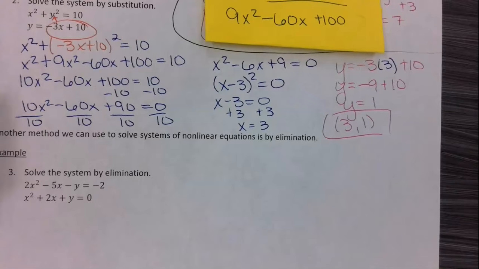Okay, it's not the last method, but the last method for today is elimination. So it's where I add the two equations together and one of the letters cancels out.